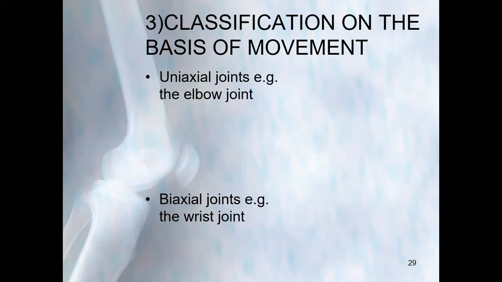Similarly, the biaxial joint moves in two planes or two directions. For example, the wrist joint moves in one plane anteroposteriorly, flexion and extension, and in the other plane laterally and medially, called adduction and abduction.